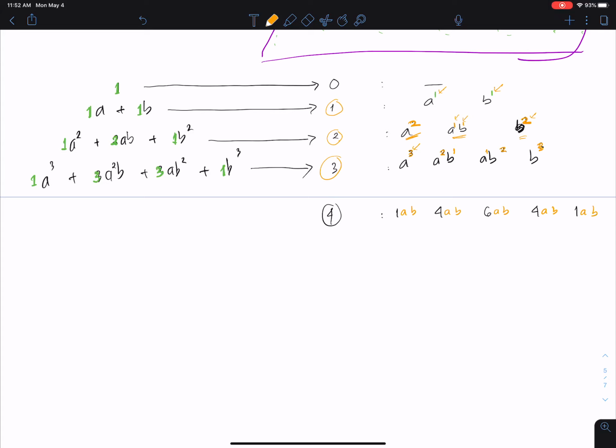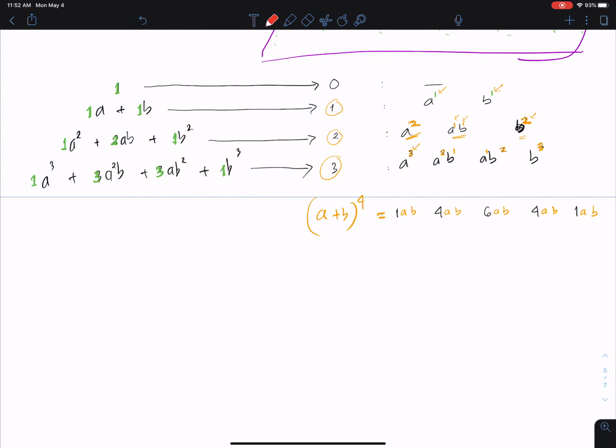Okay, clear, yeah? The coefficient 1 4 6 4 1 you already know from where, and then the one that we add in is the A plus B to the power of 4. So let me remove this. This is we do for A plus B to the power of 4 equal to. Now I'm going to write down the power.